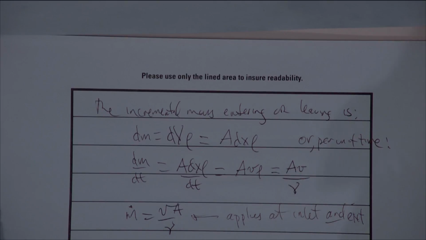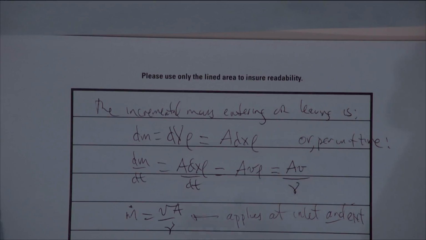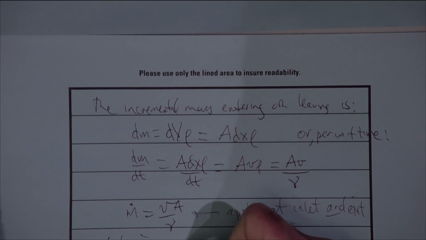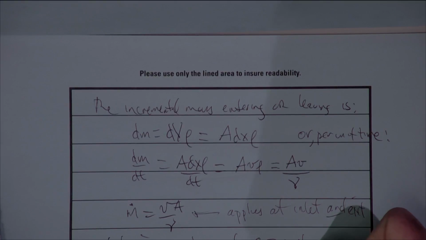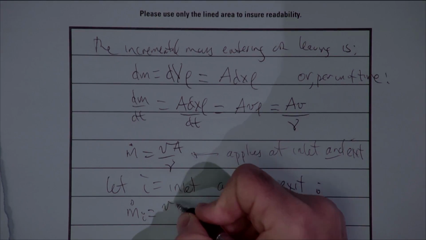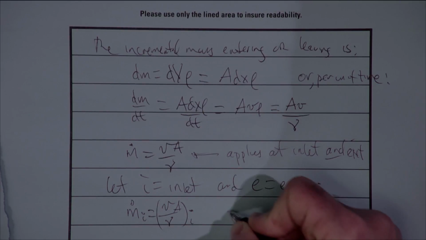Maybe sometimes, but most of the time, the pipe size is different going in and out. The velocity is going to be different in and out. The thermodynamic state is different. Therefore, the specific volume is different in and out. So we would actually like to rewrite this. If we let I mean inlet and E mean exit, then the mass flow rate at the inlet is equal to the velocity times the area over specific volume at the inlet.